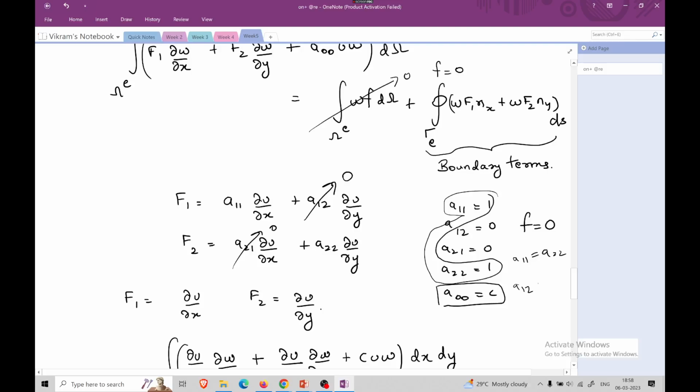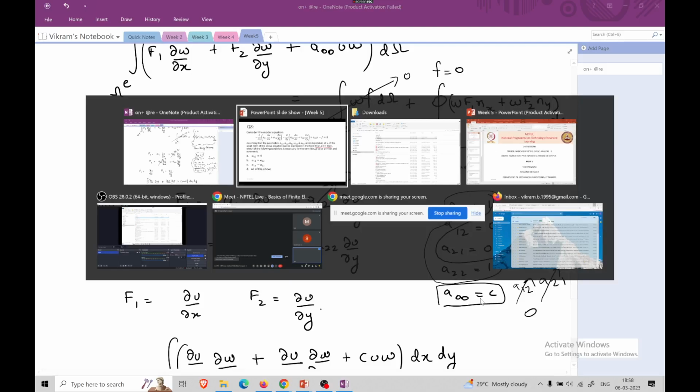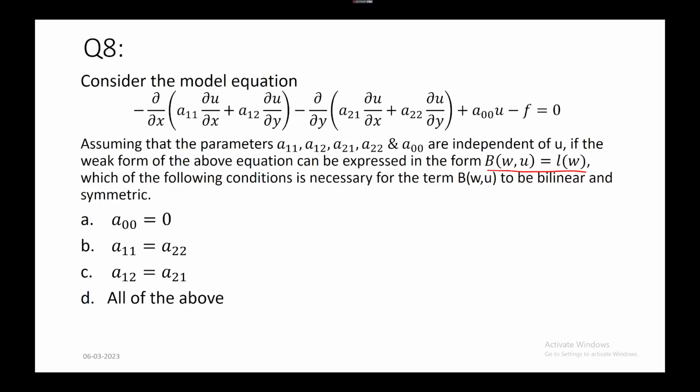Again a12, a21 both are 0. And here a00 is C. So in our last case, among A, B, C, I can say that my B and C are satisfied, but A is not satisfied. But still I got a bilinear term.